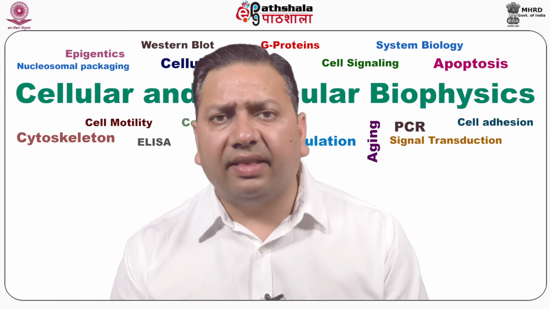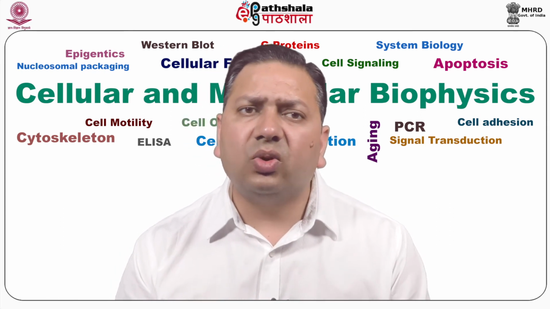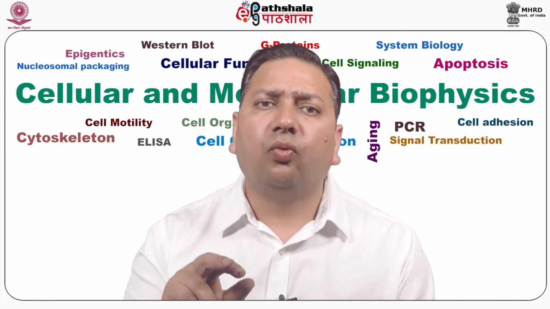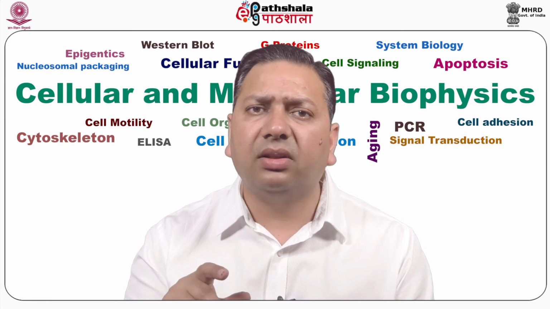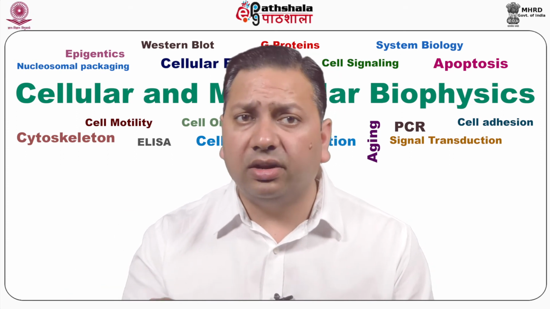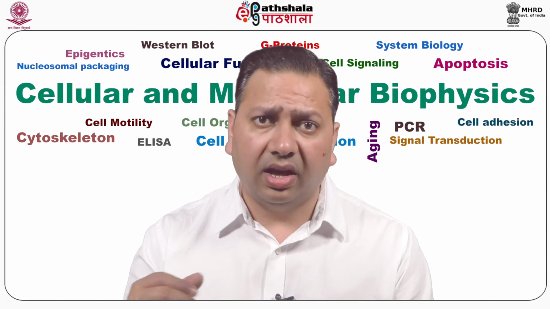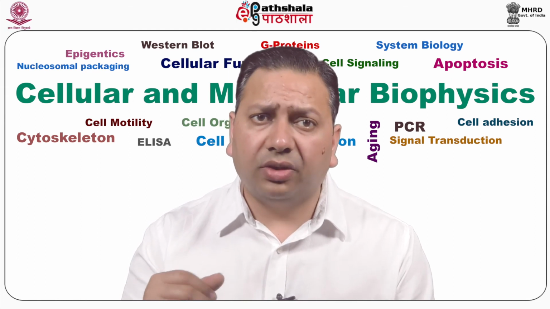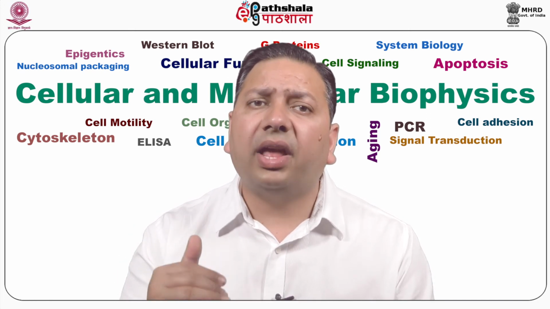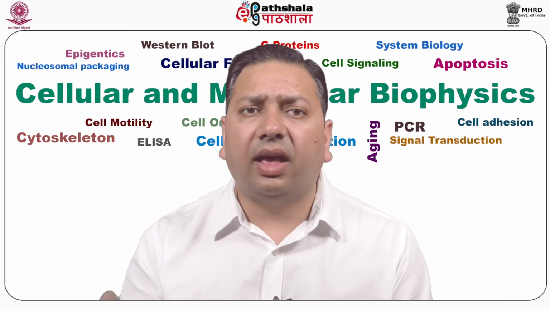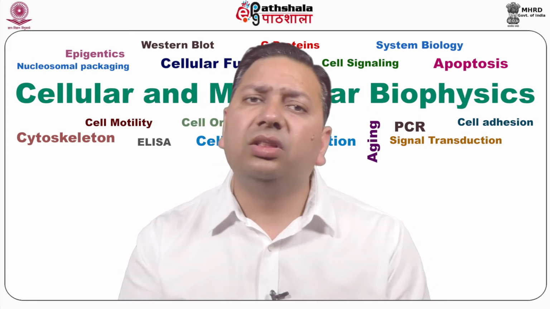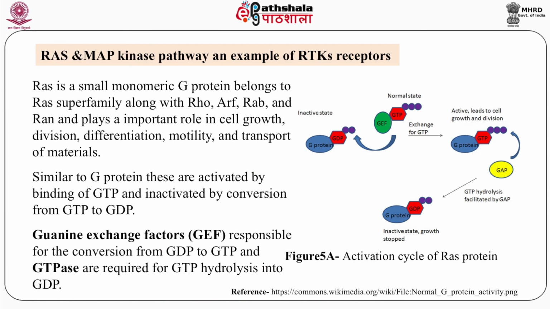GRB2 acts as an adapter having 2 SH2 domains, which interact with phosphorylated tyrosine of the receptor, and 1 SH3 domain, which interacts with the proline-rich sequences of SOS. Here, SOS is referred to as a GEF for activation of RAS protein, as it allows the exchange of GDP with GTP.